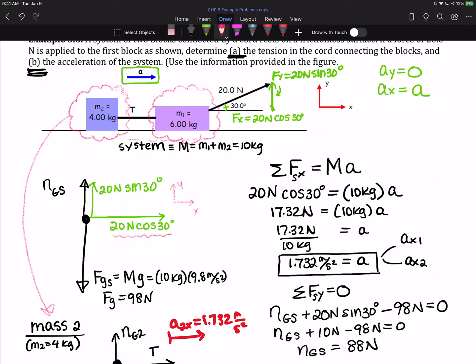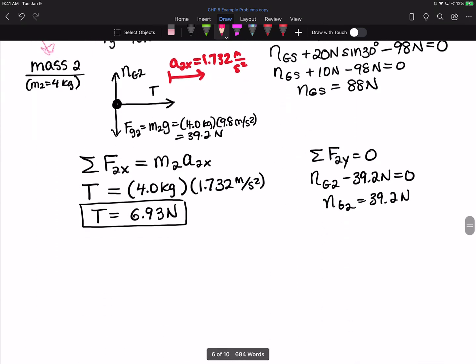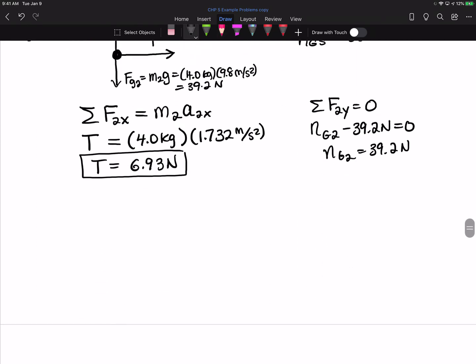I could draw a free body diagram that way. If I were to draw the free body diagram just for mass 1, so let's see if I have a little bit of space down here. For mass 1, my free body diagram would have looked like this. I would have had a component of the applied force acting to the right, because that was acting on it. I would have had a component of the applied force acting up.